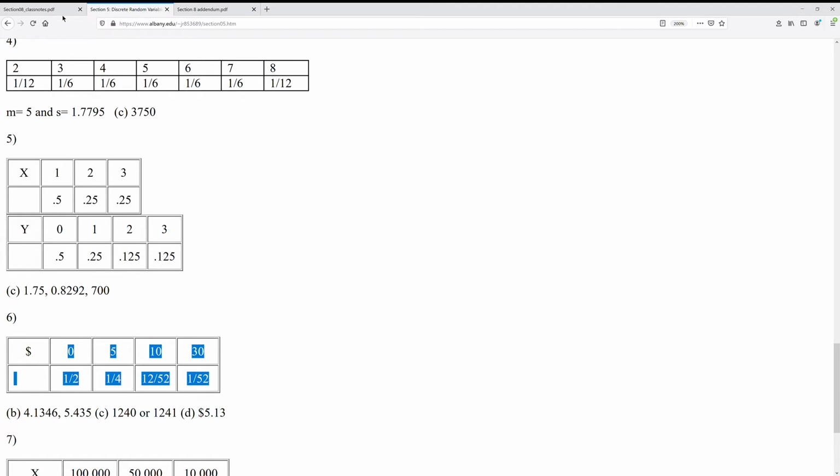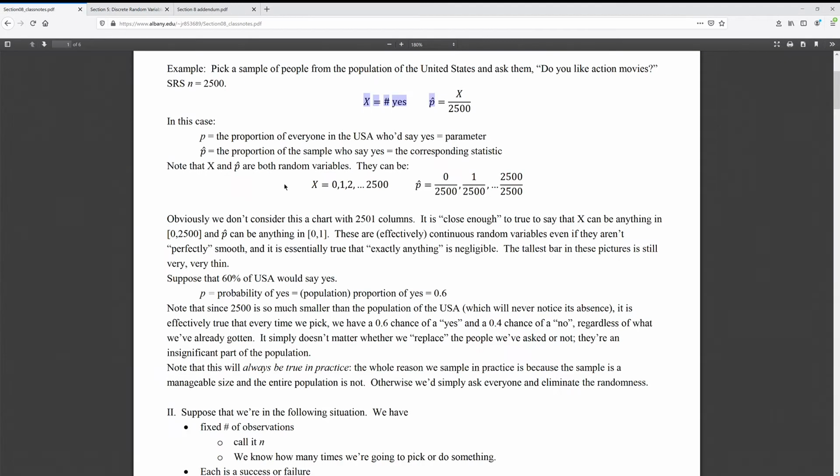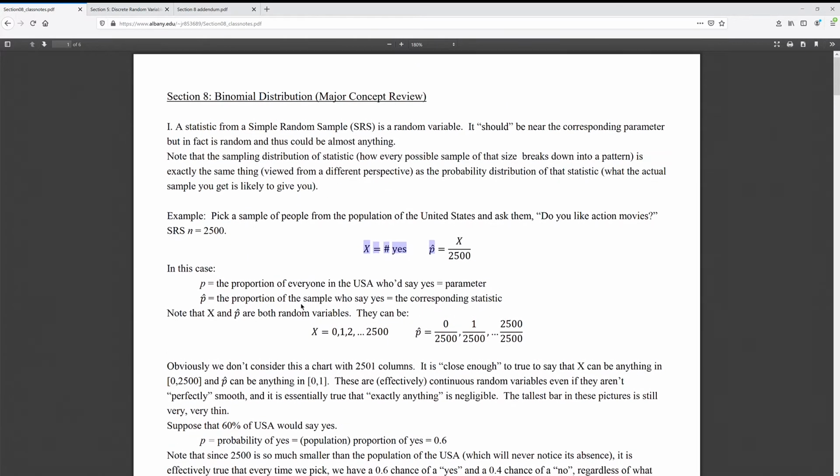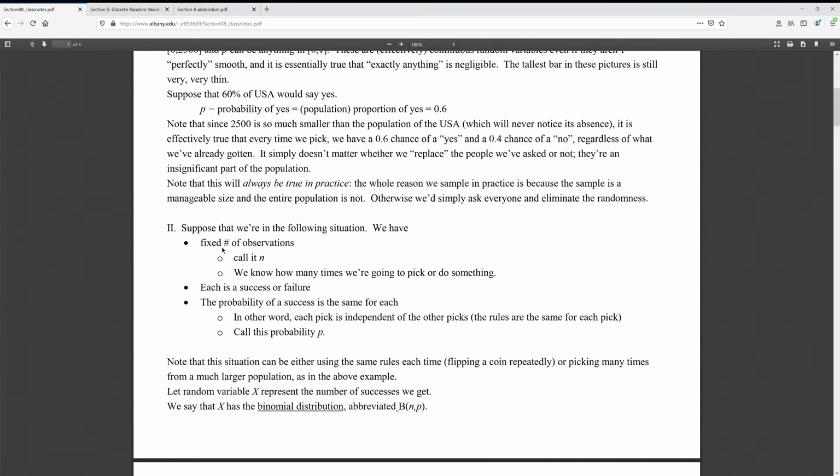So we don't always have a shortcut, but if it is a binomial random variable, if you're in this situation where you meet these 4 conditions, you know how many times you're going to do something. Every time you pick, it's a success or a failure.